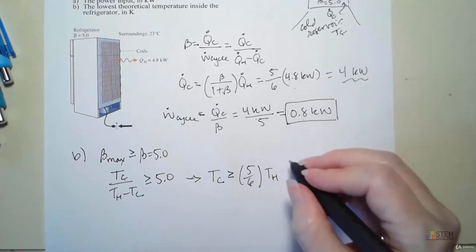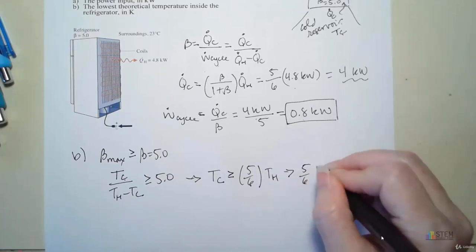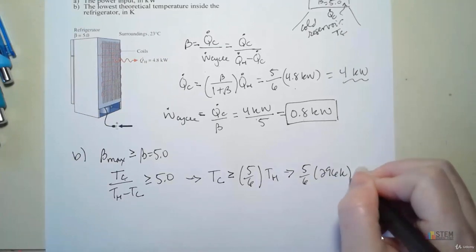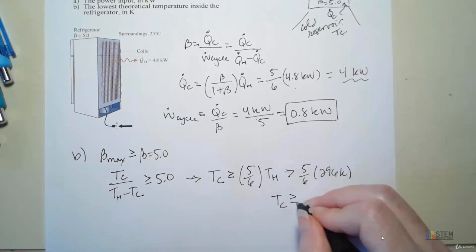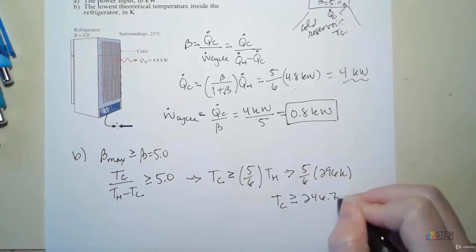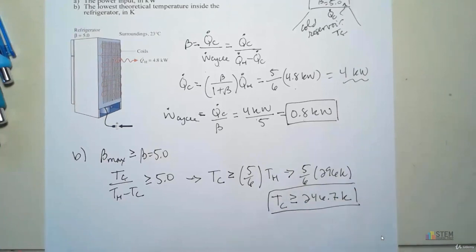We already know Th. So that'll be 5/6 times 296 Kelvin. That means Tc then is going to be greater than or equal to 246.7 Kelvin. So this is the lowest theoretical temperature that you could have. This would be the ideal case, meaning you're probably not going to be getting that.